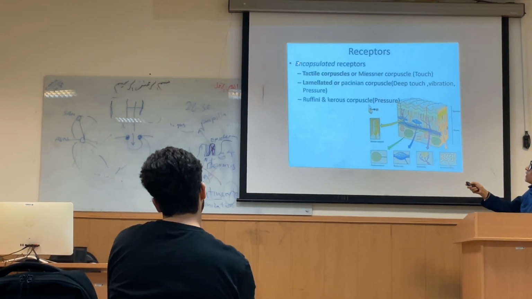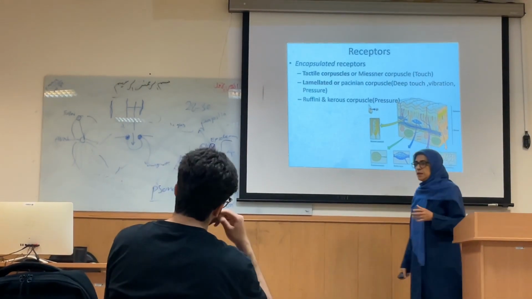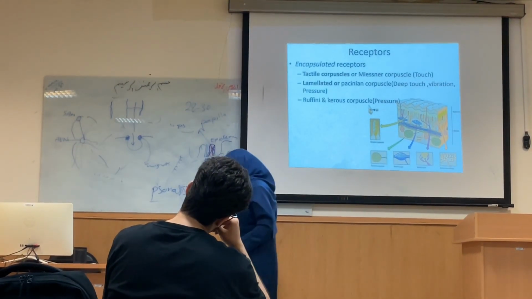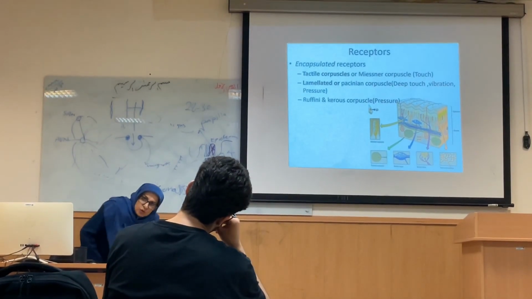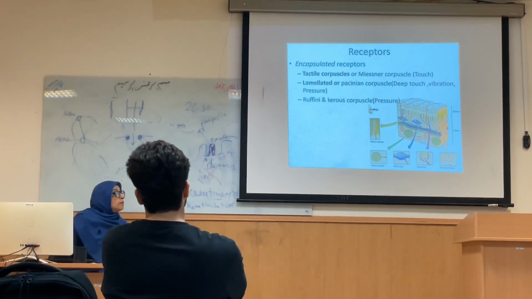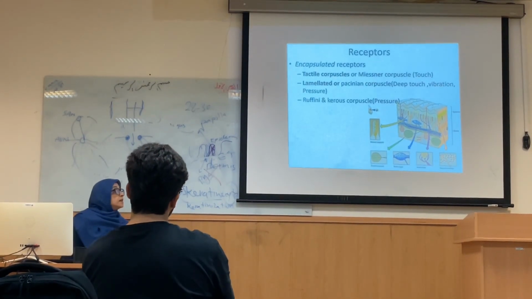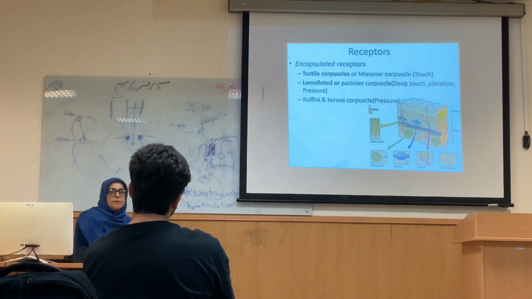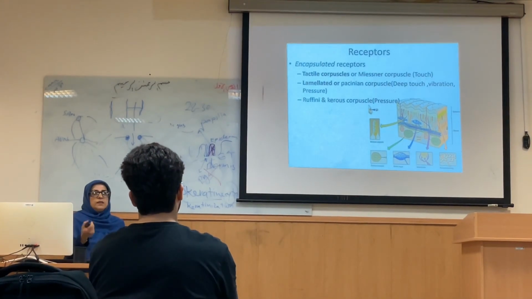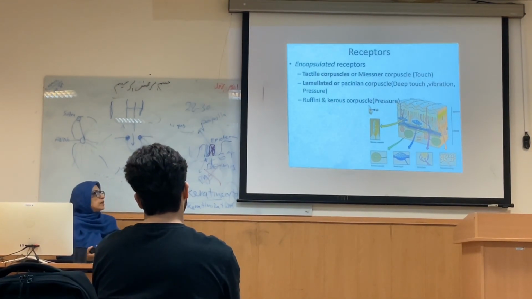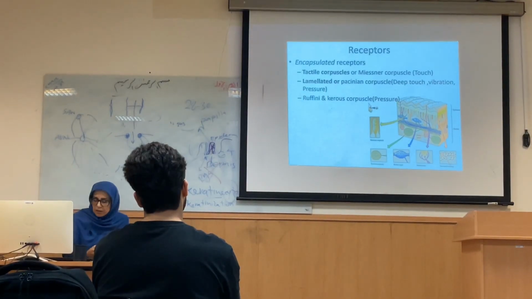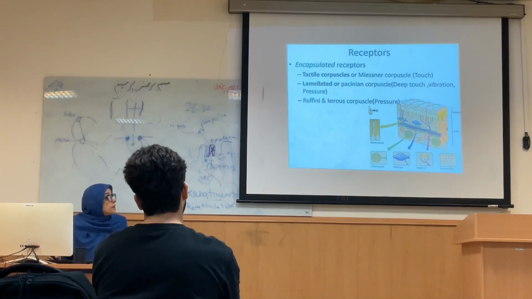They are encapsulated receptors that are involved in the different senses of the skin. You just need to know the types of them. It is not necessary to memorize their names or which sense they are involved in. You can study by yourself, but it is not necessary to memorize them.